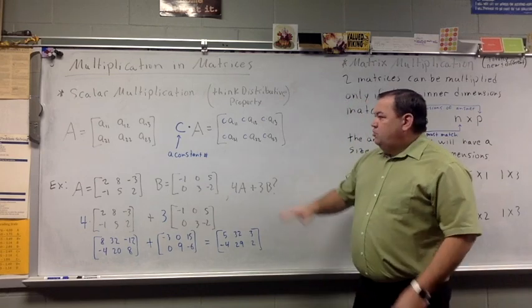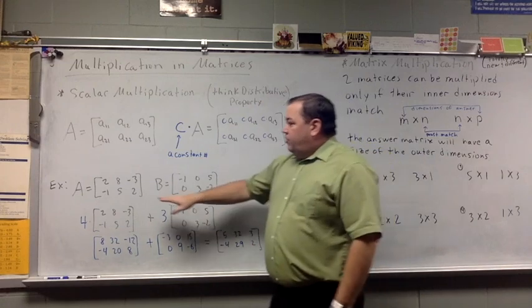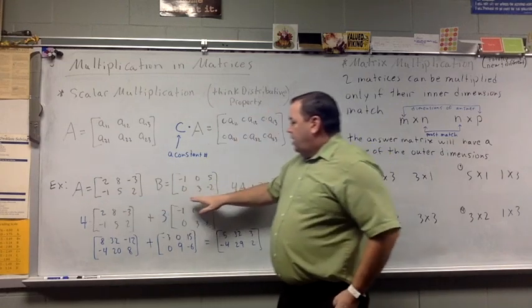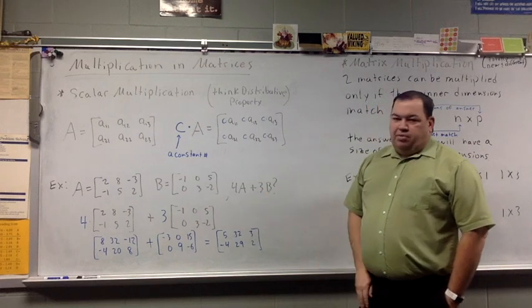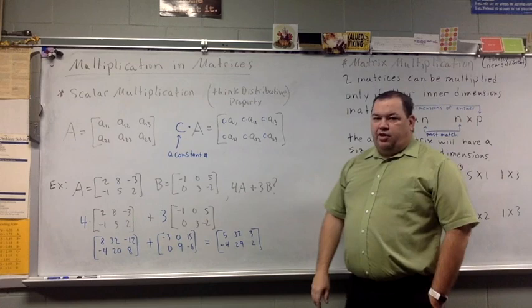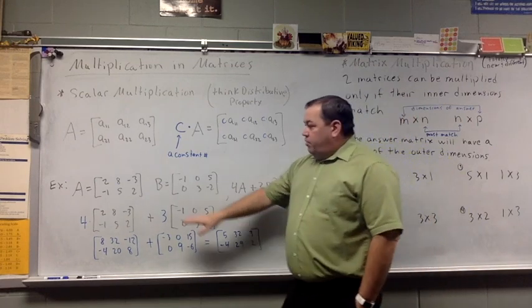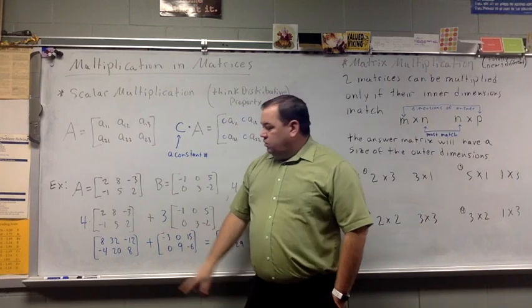Now, they can do this scalar multiplication in some creative ways. So down here I have an example where I have A and B, and they want me to calculate 4A plus 3B. So there's two instances of scalar multiplication. I'm going to take matrix A, and I'm going to multiply everybody in there by 4.